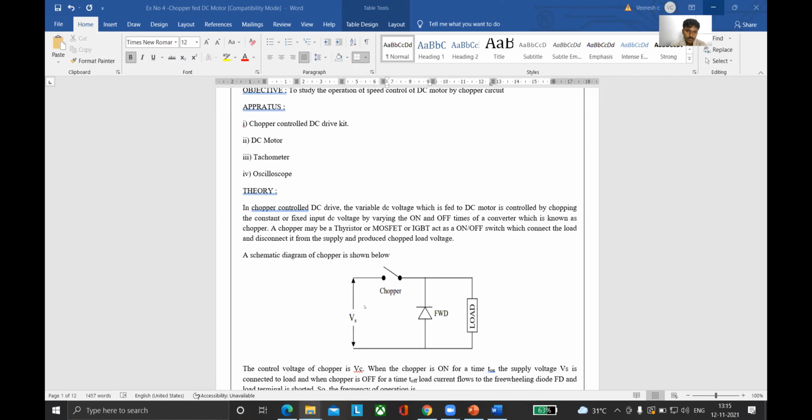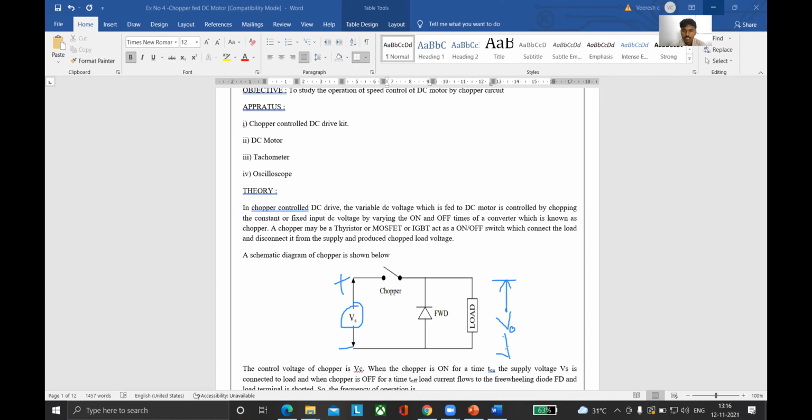So obviously, we are giving the fixed DC to the chopper. Next, we are getting the variable DC.